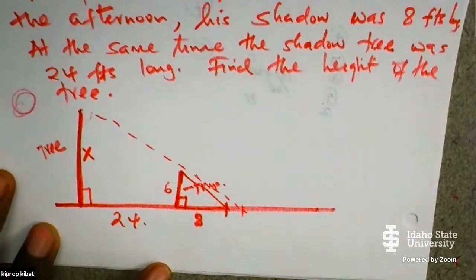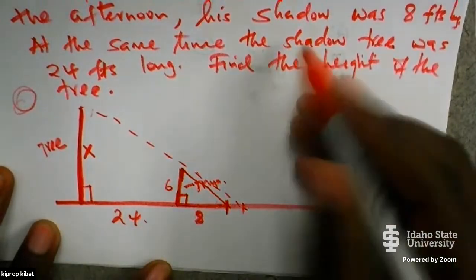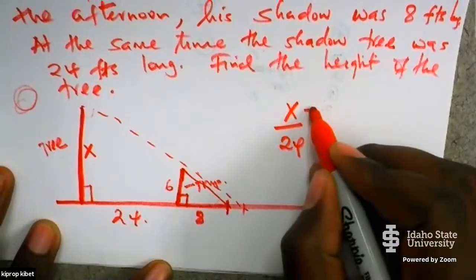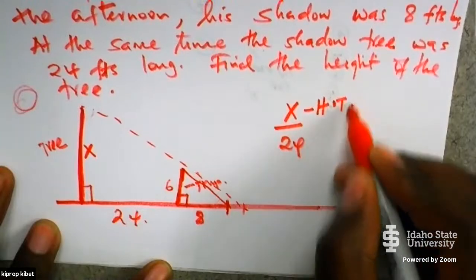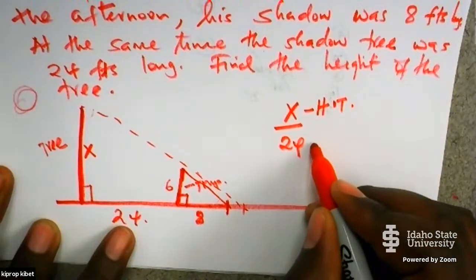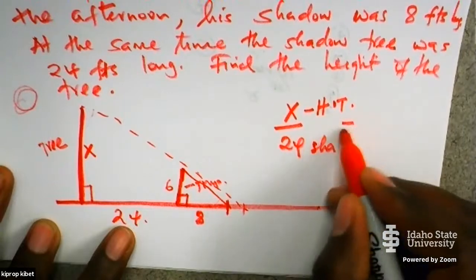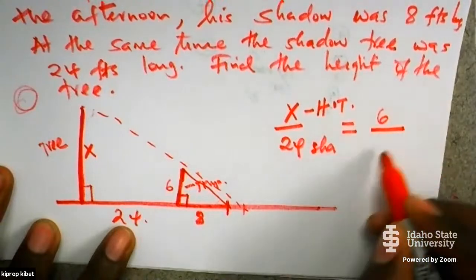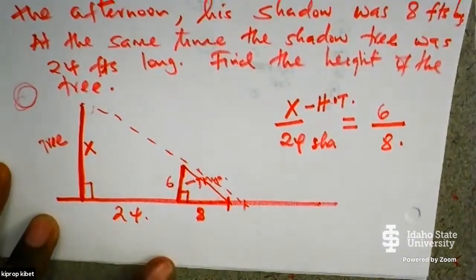Then next, what do you do? You can say x over 24. This is the height of the tree, and this is the length of the shadow, should be equals to 6 over 8.